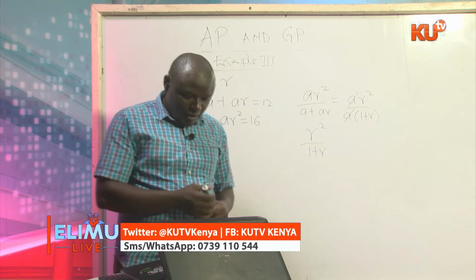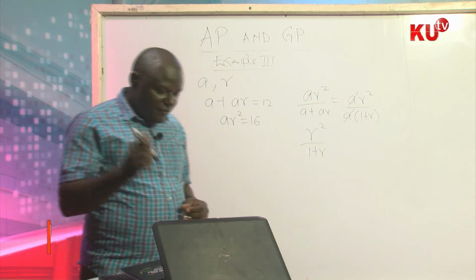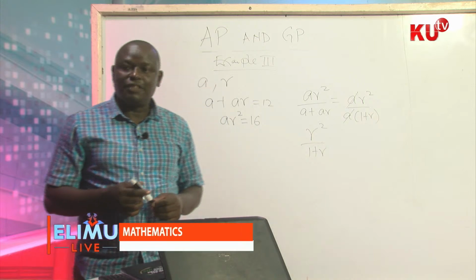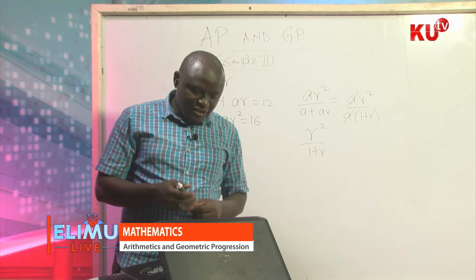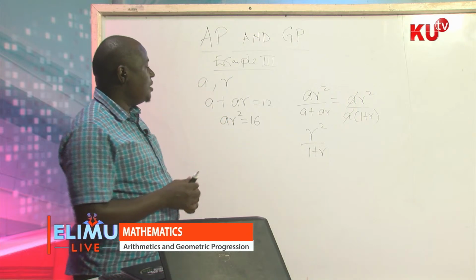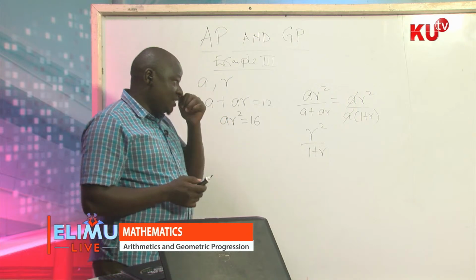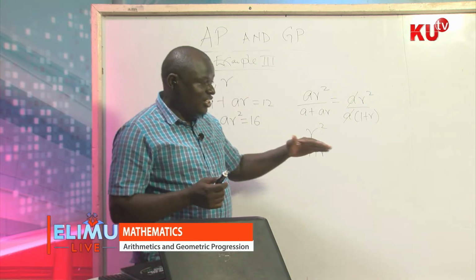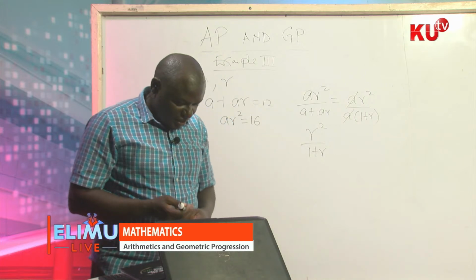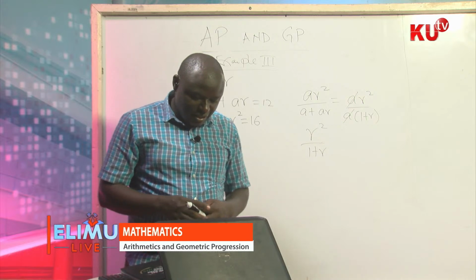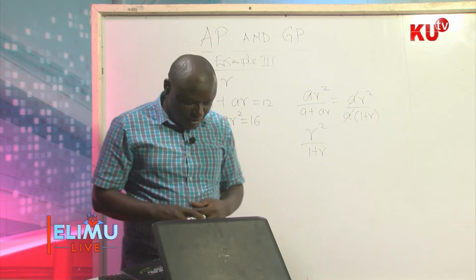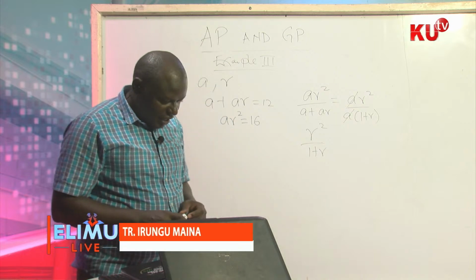Now, they are saying if the first term is larger than the second term, implying that r is less than 1, because it is a reducing GP, find the value of r.